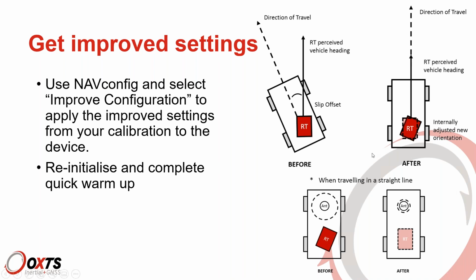When you install the RT, it's very hard to perfectly align to the 0.1 degree heading you have. So if you do have these advanced slip settings, the RT can calculate the forward direction of the car relative to the RT view.